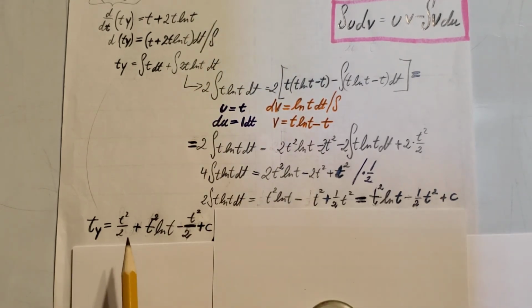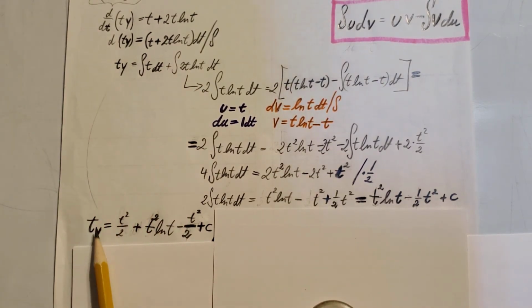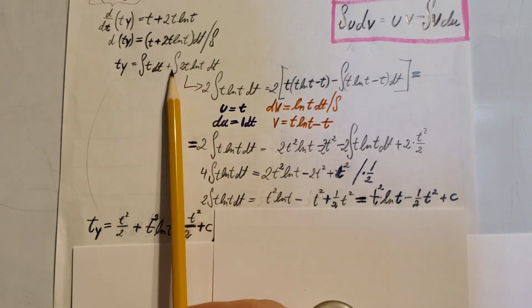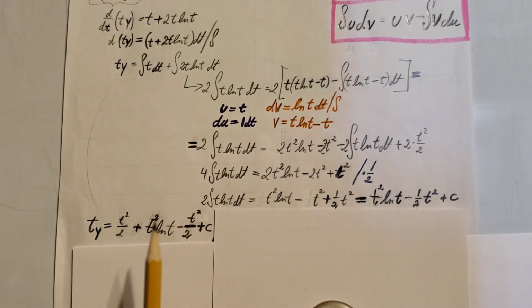Now finally we can fill our next step out. Here, remember, we just brought this one down, ty equals, we solve this integral, and now we solve this guy, which becomes this right here. In most cases this would be just fine, a good answer, but a lot of times people want to see the answer with y by itself, right?